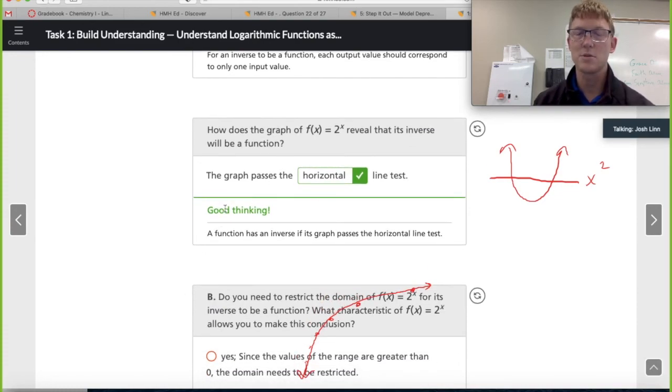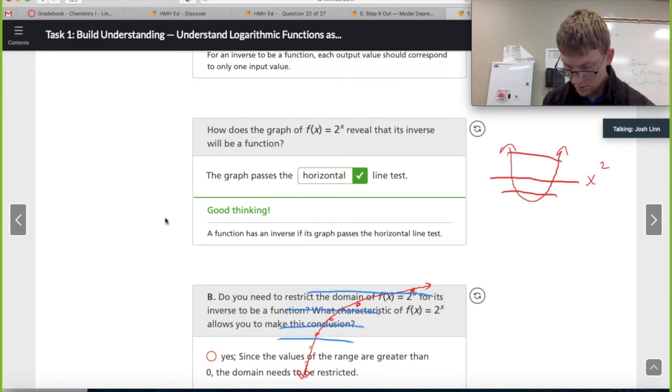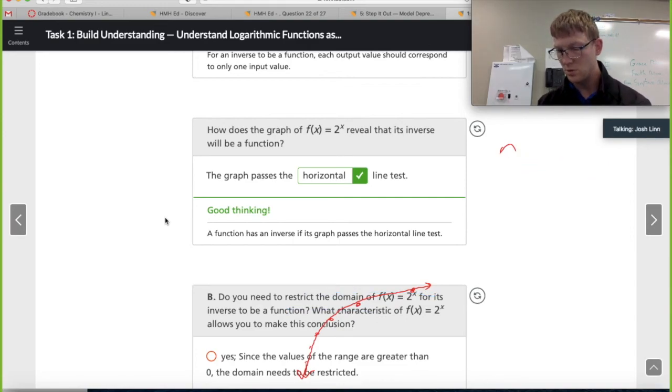So yeah, the graph passes the horizontal line test. And again, the horizontal line test is if you draw a horizontal line anywhere on the graph, you would only get one point. So like this one, you would only ever intersect the graph at one point. So that's what they mean by the horizontal line test.